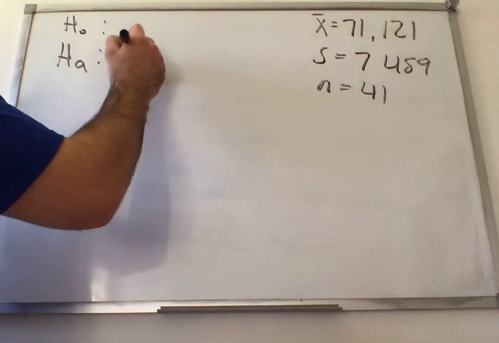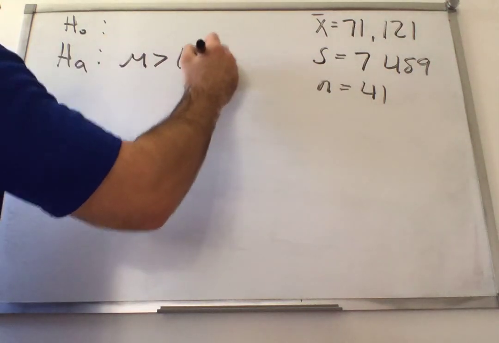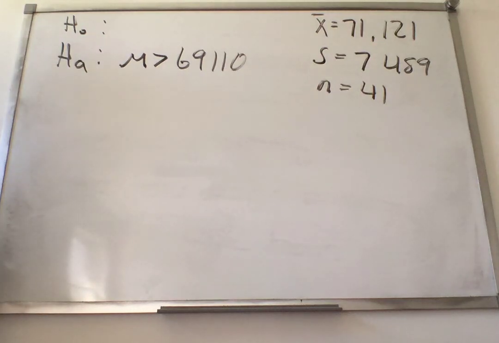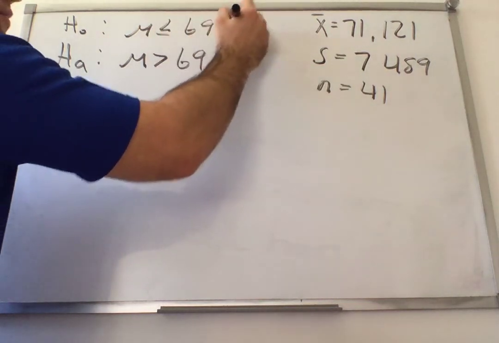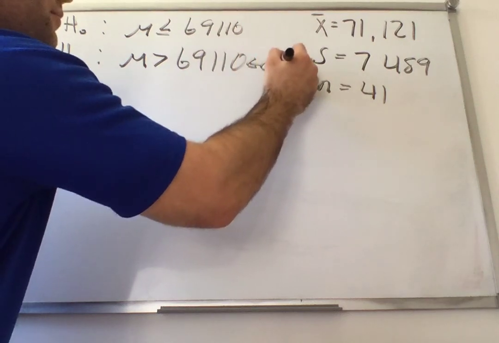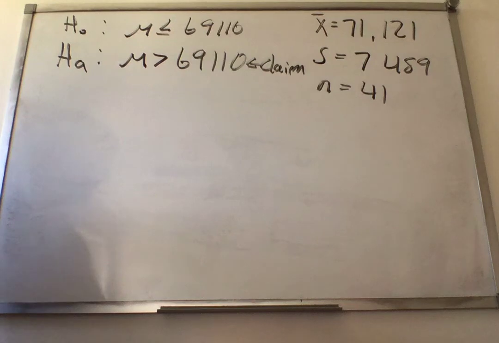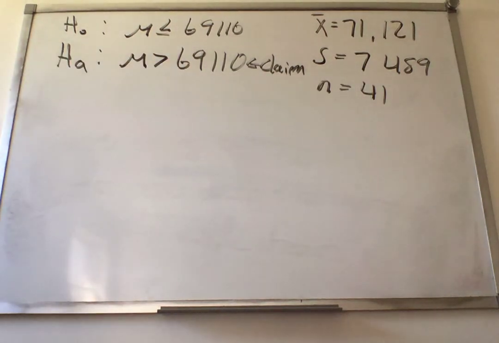Higher than 69,110 is just a greater than symbol, no greater than or equal to. Okay, so that means here's our claim, right there, that California nurses earn more than the national average. So we're going to test this claim.